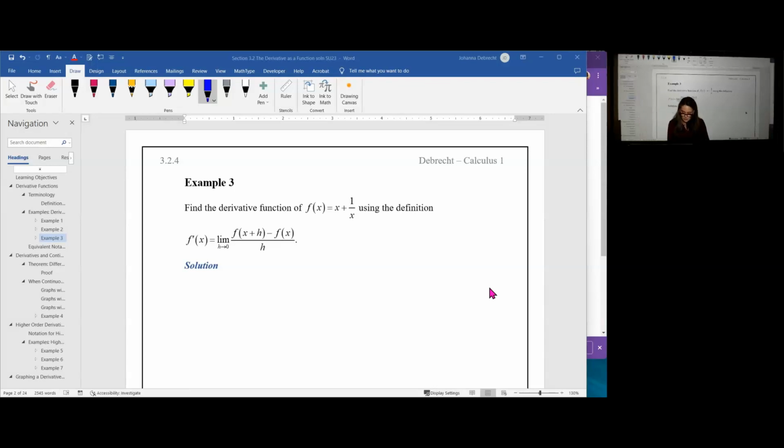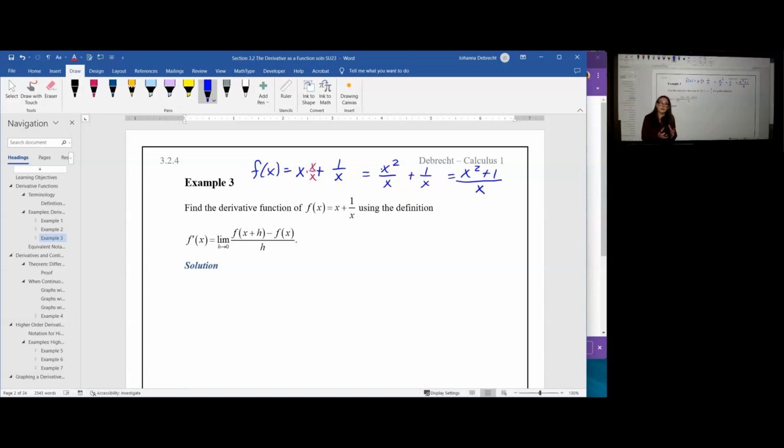So the first thing I recommend doing is rewriting the function f of x by multiplying the first term by x over x. X divided by x is, of course, the number 1, and this will lead us to be able to write x squared divided by x plus 1 over x, which equals x squared plus 1 over x.